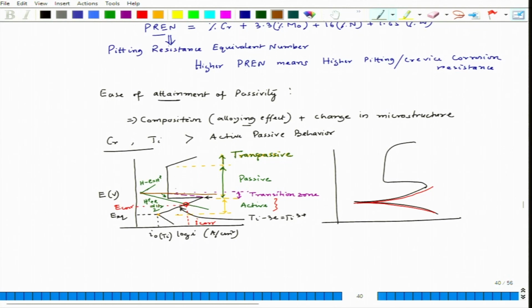okay, so this is my hydrogen line now. So that time my polarization plot in this same diagram would be like this. It is cutting at this point.